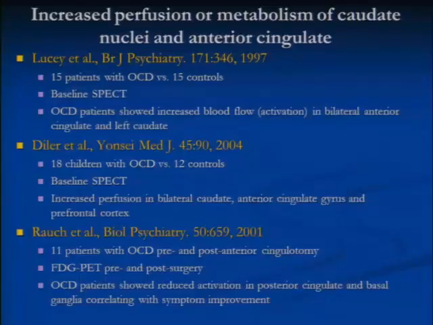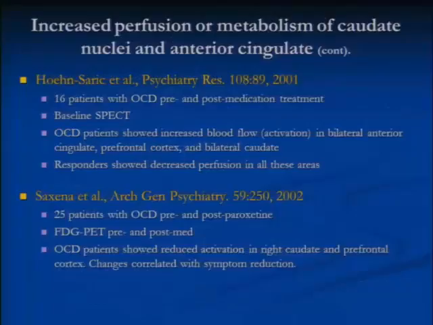The OCD patients had reduced activity in the posterior cingulate and basal ganglia after they went in surgically and cut their cingulate. But before that, they were very hot. So one treatment for OCD is surgery, and there's some exciting stuff now. They've just now approved doing deep brain stimulation for OCD, which means you run an electrode down, and then you can do a little firing, and it literally turns off OCD. Very exciting stuff. I'm working with the university on a couple of cases on that.